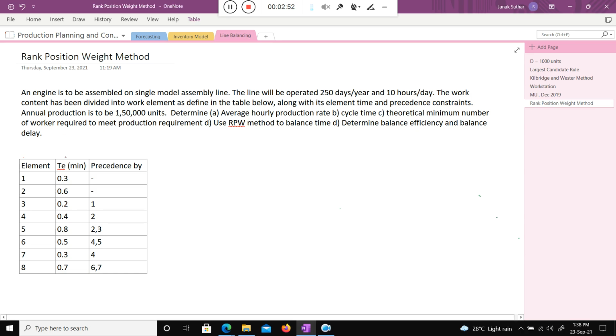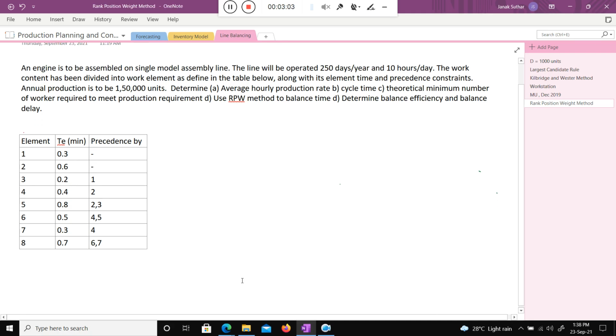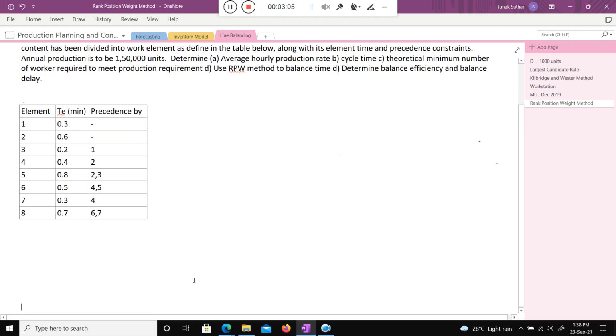Because I will try to calculate the expected cycle time. So just wait here. The expected cycle time, or you can directly write the cycle time, no issue.